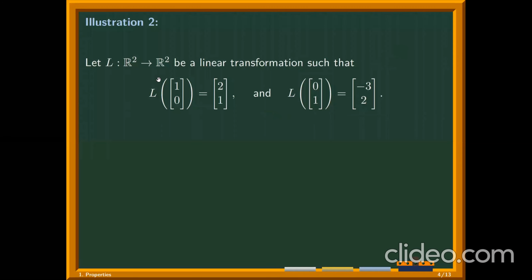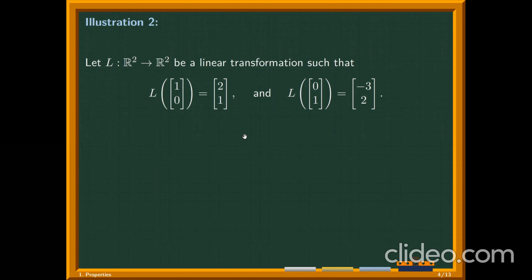So here we illustrate property 3. Suppose L is a linear transformation from R2 to itself that sends the basis element (1, 0) to the vector (2, 1), and the basis element (0, 1) to (-3, 2). Recall that (1, 0) and (0, 1) form a basis for the domain.